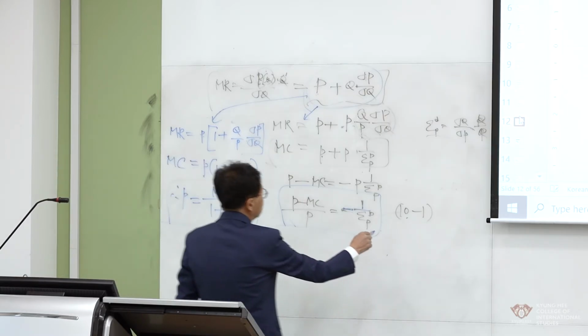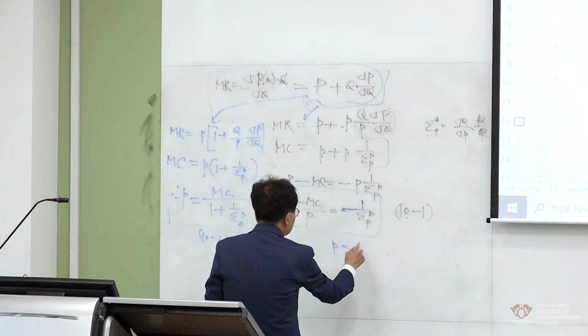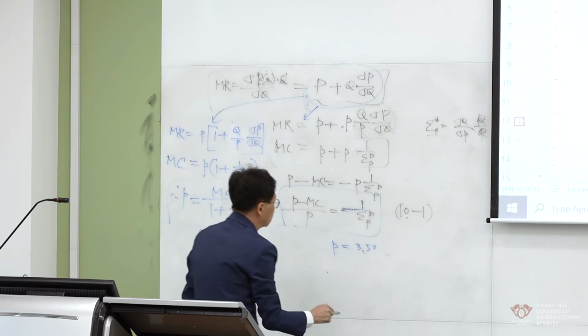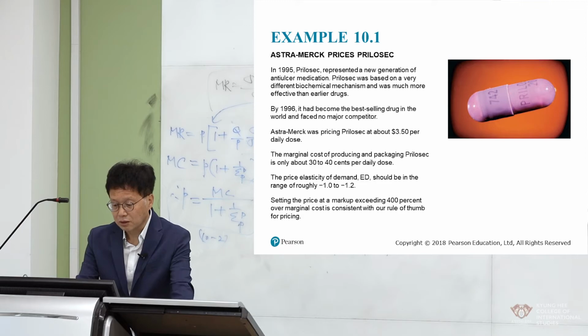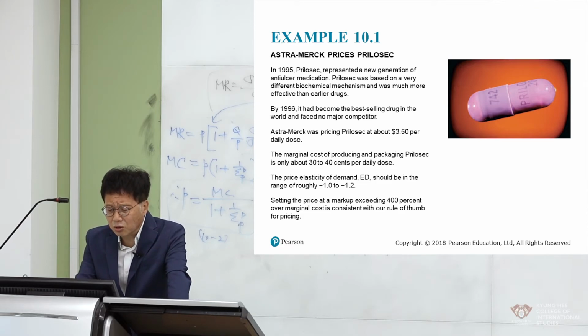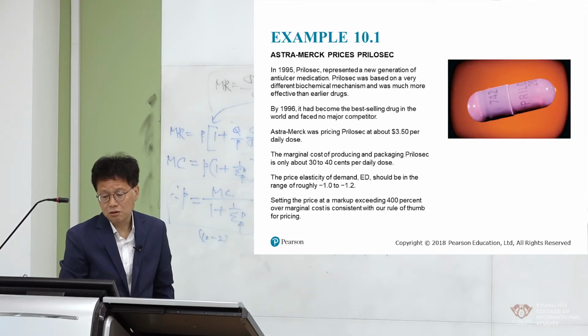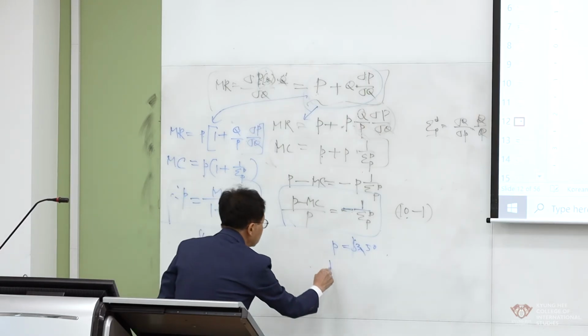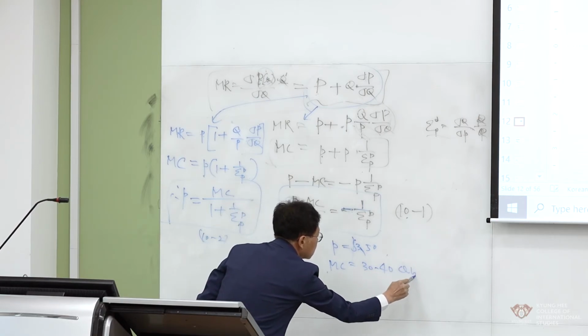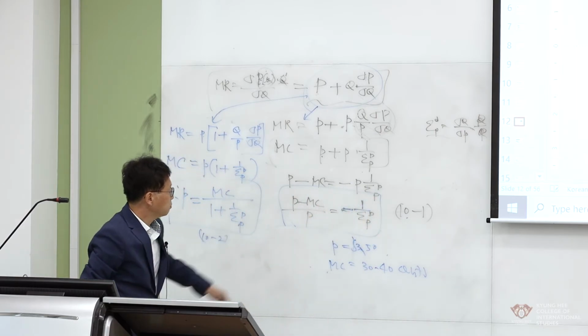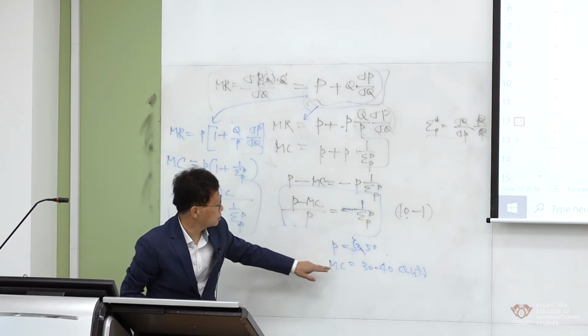Right? The price was $3.50. The marginal cost of producing and packaging Prilosec is only about 30 to 40 cents. But they charge a higher price.